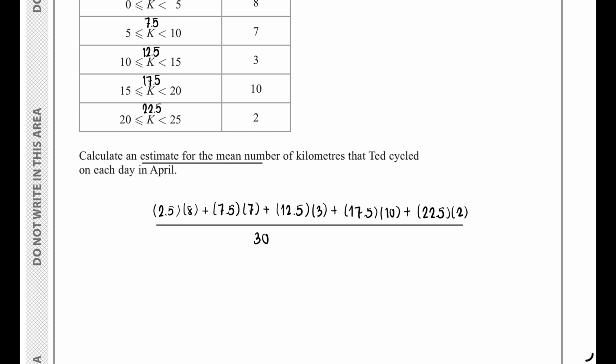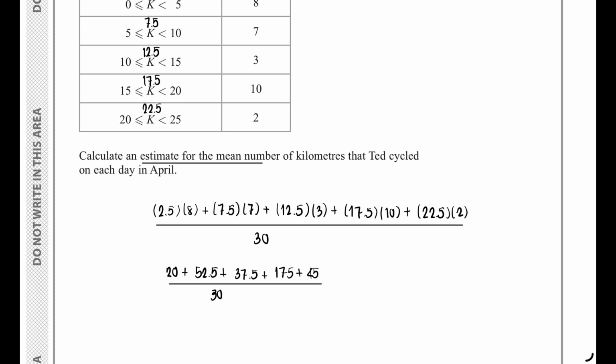So we will have 20 plus 52.5 plus 37.5 plus 175 plus 45, divided by 30.